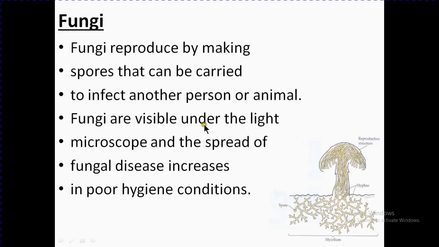Fungi are visible under the light microscope, and the spread of fungal disease increases in poor hygienic conditions, where there is not much cleaning and things are not properly washed, so it can spread easily.